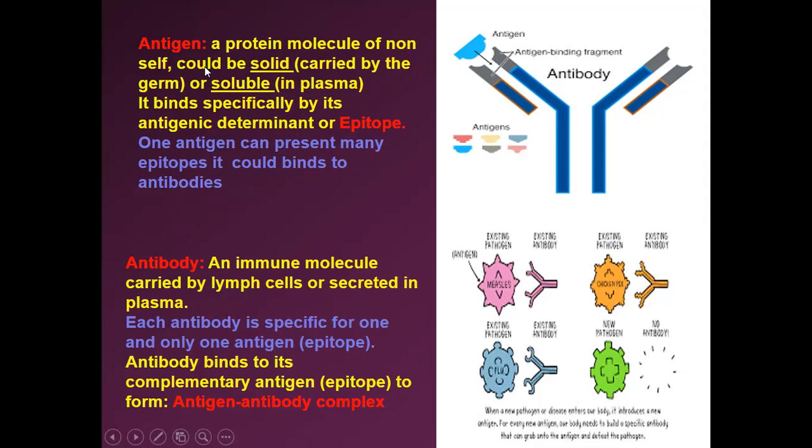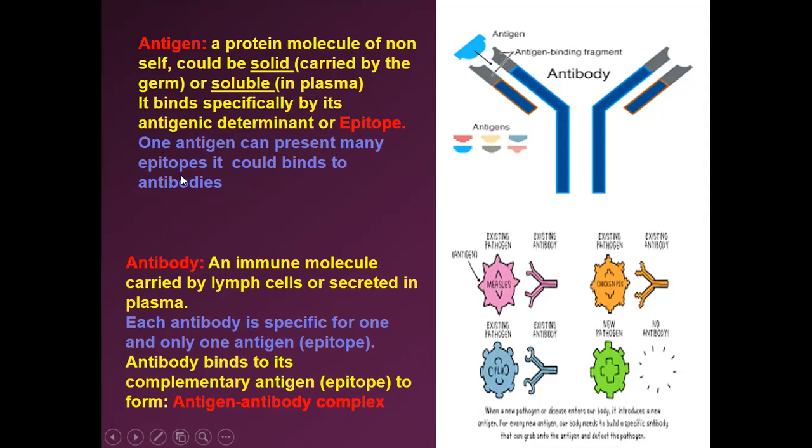The antigen presents one or many epitopes which can bind the cells of the body. The antibody will occupy this epitope to block the action of this antigen.